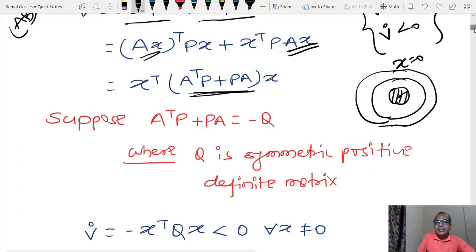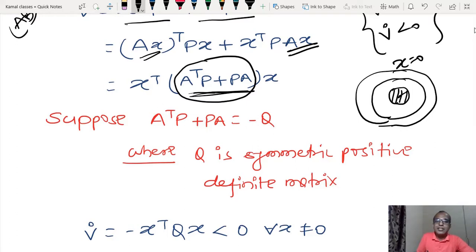Now you can see that this equation is a matrix equation, not a matrix differential equation. So we are telling that if A transpose P plus PA is minus Q, then I will take the negative sign out, and I have this kind of situation.